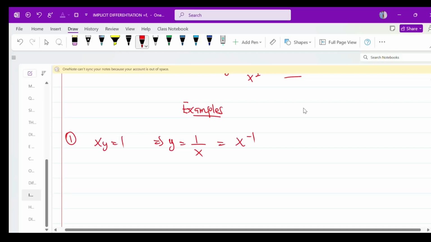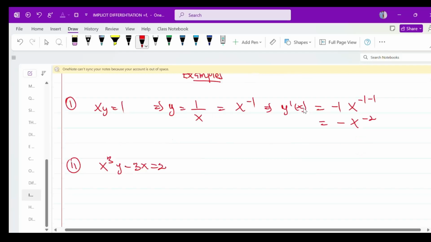And we apply the power rule here, which implies that our r prime of x will be minus 1 times x exponent minus 1 minus 1, which will be minus x exponent negative 2.